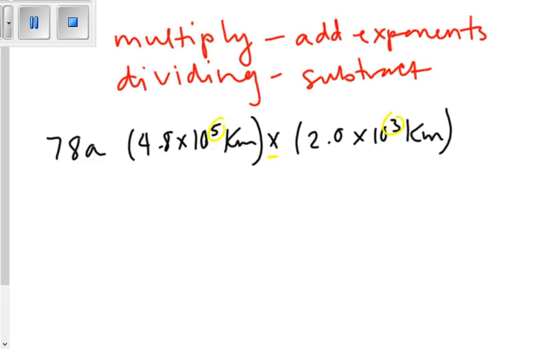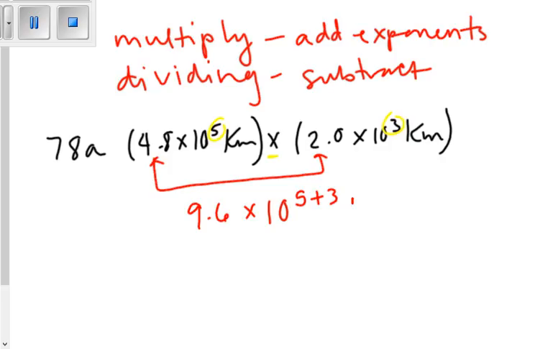So you're going to multiply your numbers there, 4.8 times 2, and that's going to give you 9.6. And then you're going to add your exponents. So you're going to multiply that by 10 to the 5th plus 3 kilometers. So your answer then would be 9.6 times 10 to the 8th kilometers.